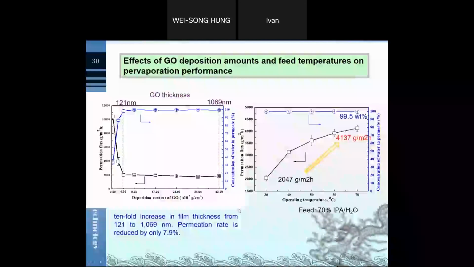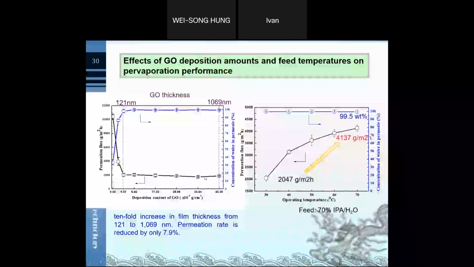And in this slide, we also discuss the effect of the different graphene oxide deposition amounts on the membranes. It was found that the graphene oxide composite membrane shows excellent separation efficiency. The water concentration is higher than 99%, and the flux reached 2,000.